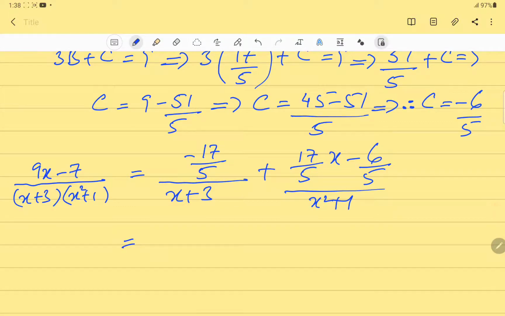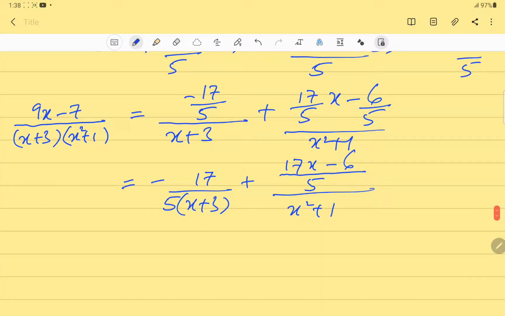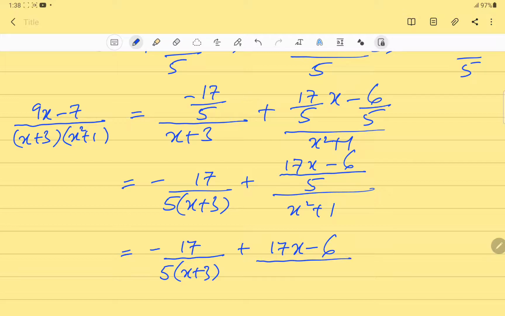When we solve it, we'll be getting −17/(5(x + 3)) plus, here we will take the LCM, 5 will come here, (17x − 6)/(5(x² + 1)). When we further simplify it, we'll get −17/(5(x + 3)) + (17x − 6)/(5(x² + 1)), which is the answer of this question.